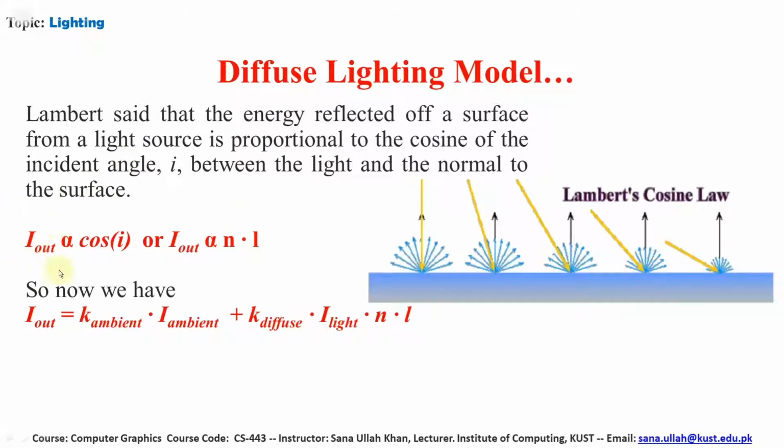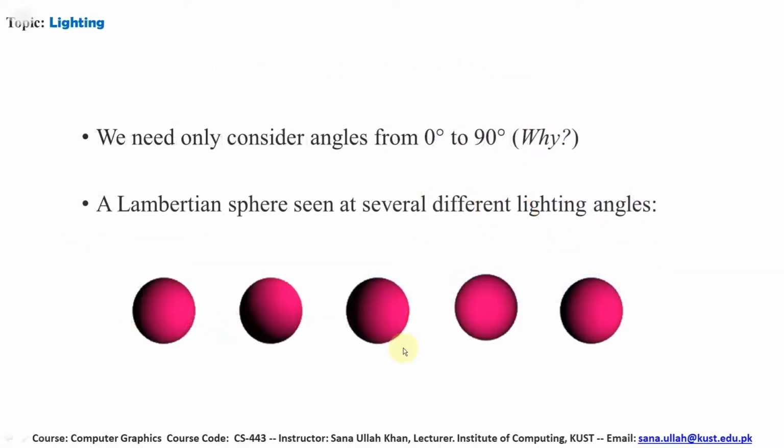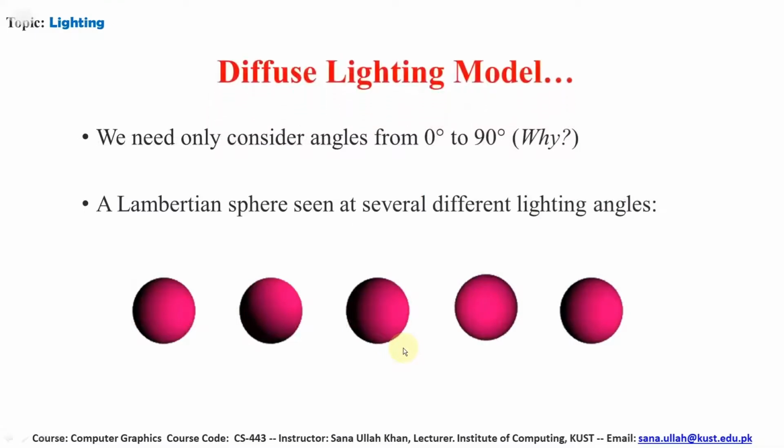So I out is proportional to cos of I, or I out is proportional to N dot L. So we have I out diffuse light equal to K ambient multiplied by I ambient intensity plus K diffuse multiplied by I light intensity multiplied by cos of I. We only need to consider angles from 0 to 90 degrees. Why? Because the Lambert's law was seen at several different lighting angles.